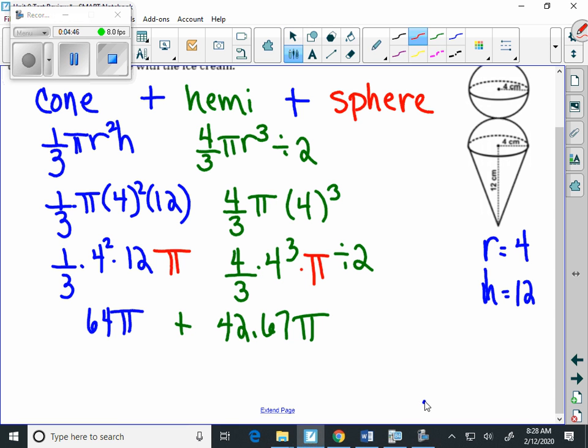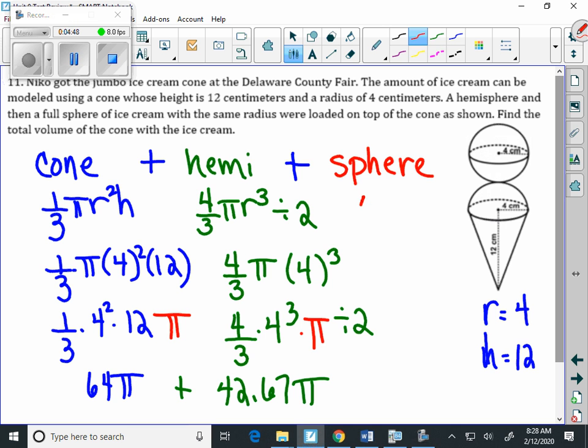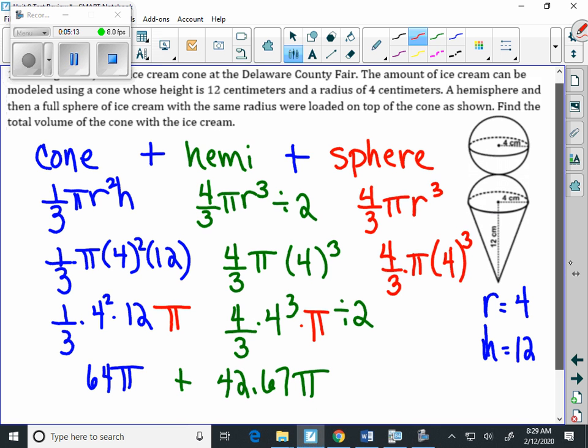And again, it's the sphere. It's the 4/3 pi r cubed. This time, we don't need to divide by 2. It's the full sphere. And again, make sure when you're looking at a sphere or a cone or a cylinder that you're dealing with a radius and not a diameter. We are dealing with the radius, so we've got 4/3 times pi times 4 cubed.